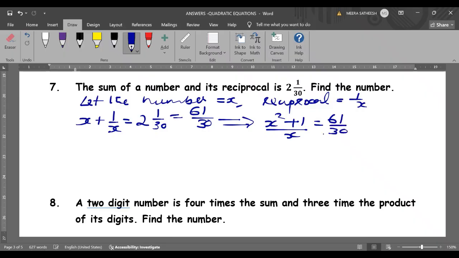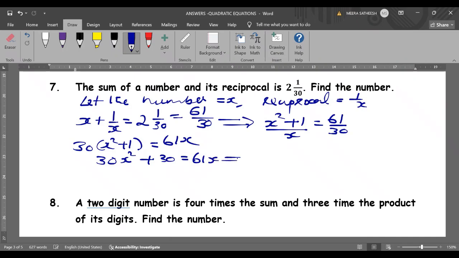Now cross multiplying, what will we get? 30 into x square plus 1 is equal to 61x. That is 30x square plus 30 equal to 61x. Rearranging to standard form, 30x square minus 61x plus 30 equal to 0.